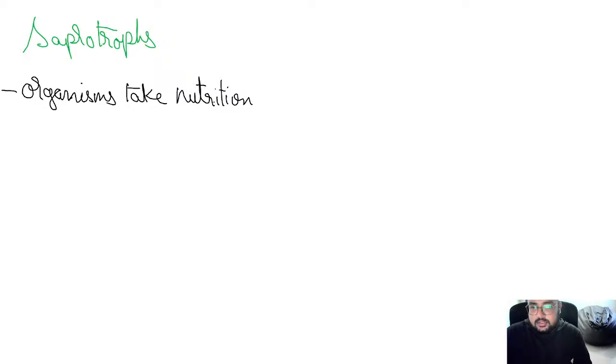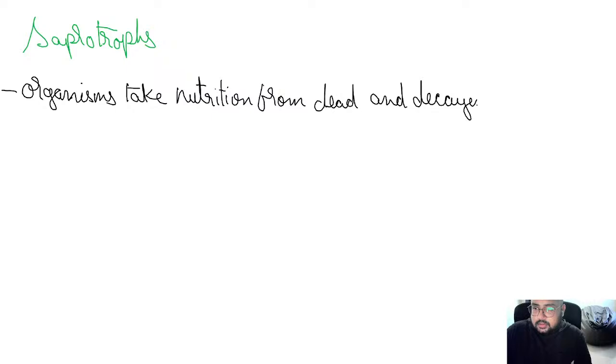Saprotrophs is the category where fungus belongs. Organisms that take nutrition from dead and decaying products; they depend on dead and decaying products.